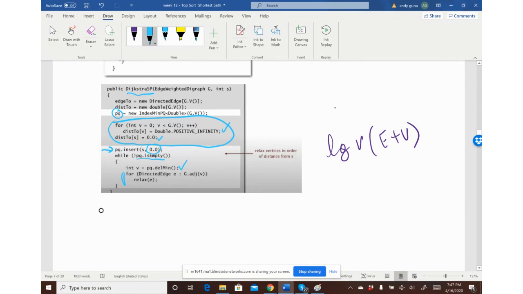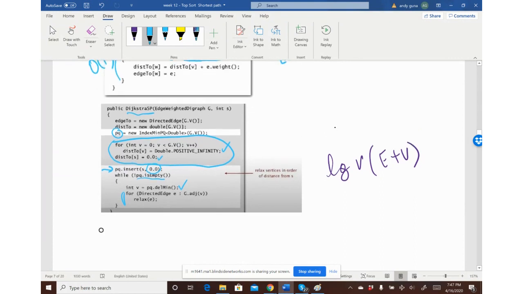Okay, so it turns out that this is the way you can think about it. Now, this part, the while loop, is big O of V. And the delete min, what is the delete min complexity from a priority queue?